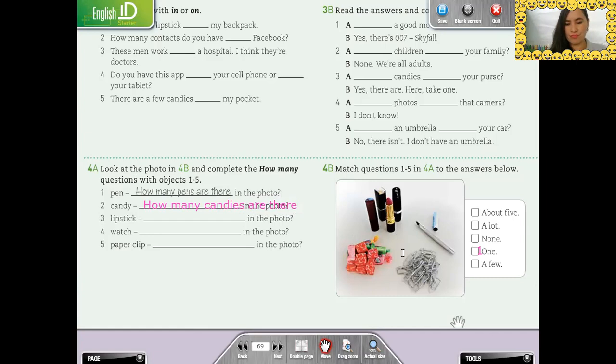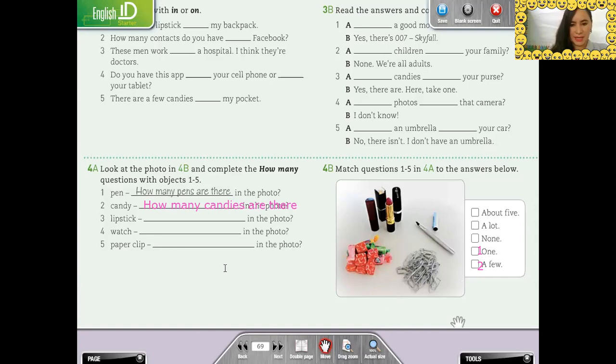A few. A few candies. Well, you said there is a few.